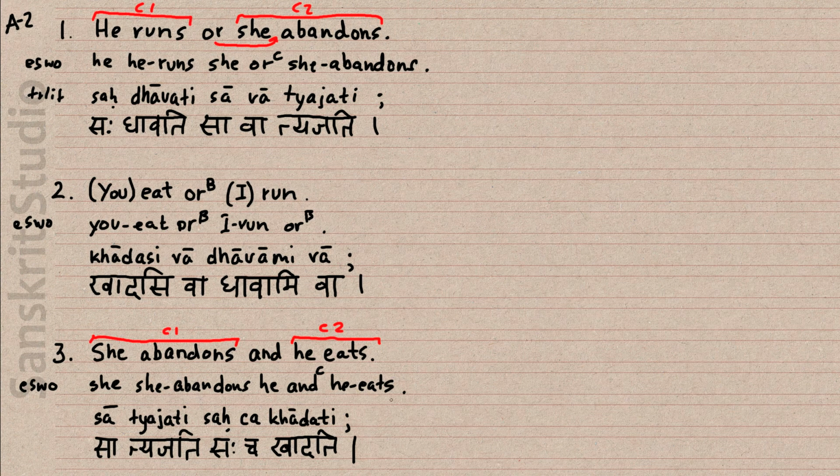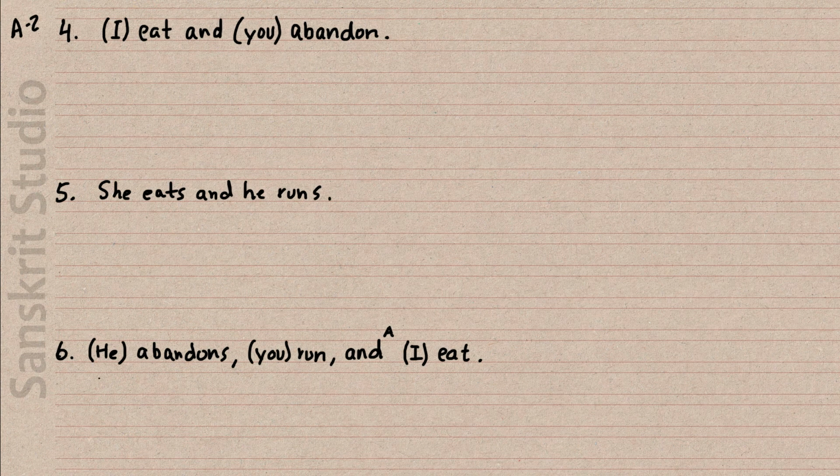Okay, that's third screen here, and now the fourth and last one here. I eat and you abandon. Okay, and we don't have any explicit pronouns here, so it's a matter of the verbs, and verbs are words, and therefore this and here can only be one thing, namely an A syntax.